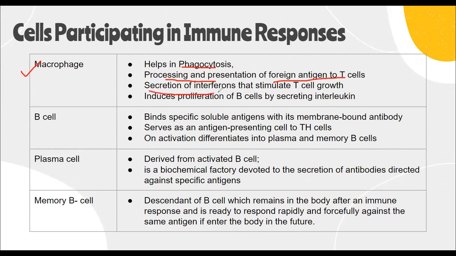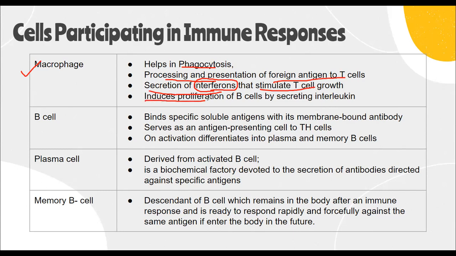Also, they will secrete interferons in case of viruses. Okay, these interferons, remember, these are what? Cytokines, signaling molecules. These signaling molecules will help in signaling T cell growth, which can eventually come together and kill the infected cells and that particular microorganism.